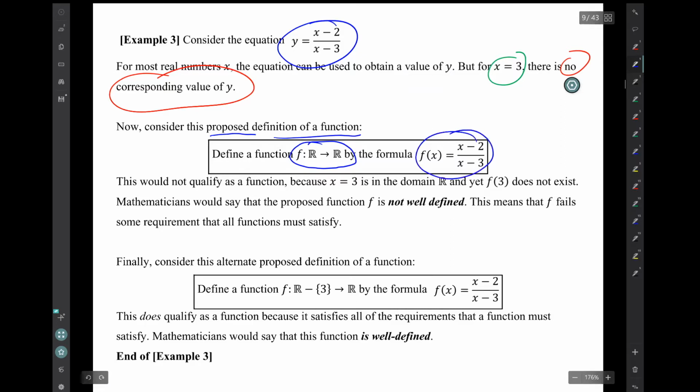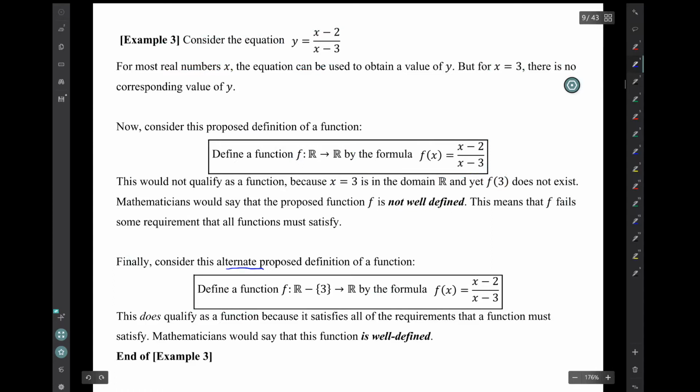Well, realize that that would not qualify as a function because x equals 3 is in the domain R, but f parentheses 3 does not exist. Mathematicians would say that this proposed function is not well defined. That means that that proposed definition fails some requirement that all functions must satisfy.